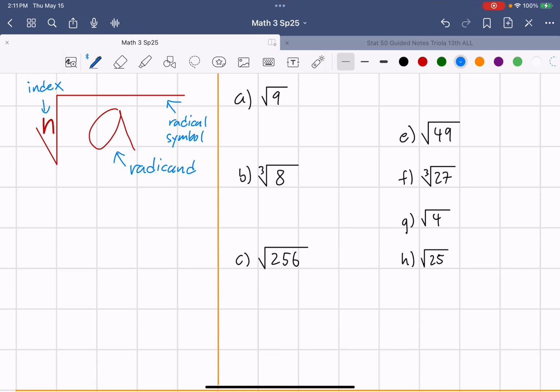Now, something that we tend to forget, just because maybe as teachers we don't emphasize it and repeat it enough, is that there is one radical that we tend to use the name of for everything.